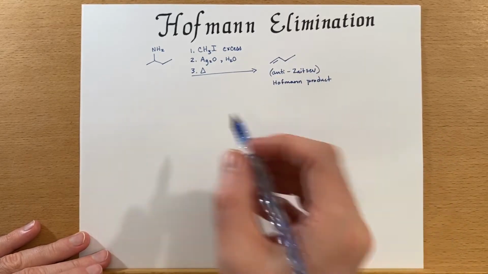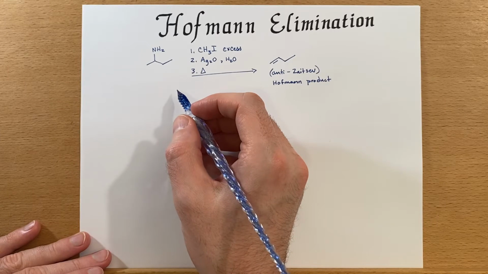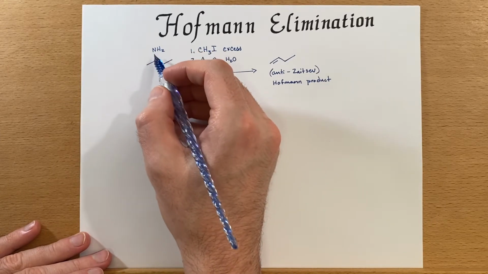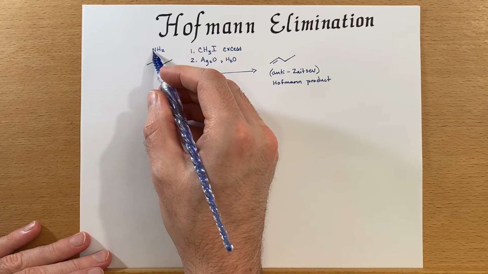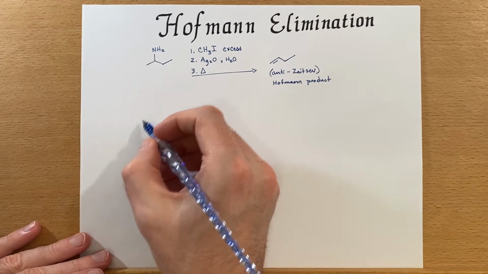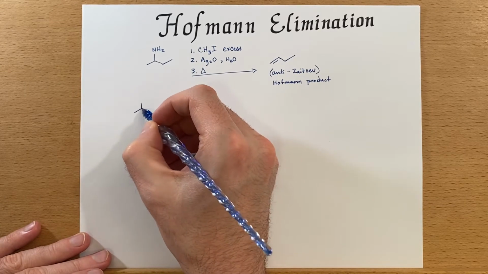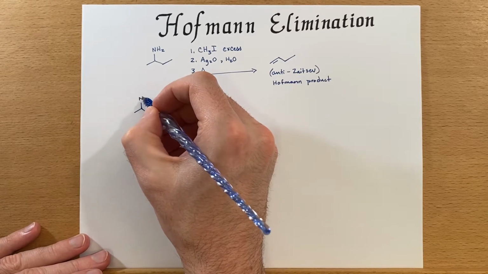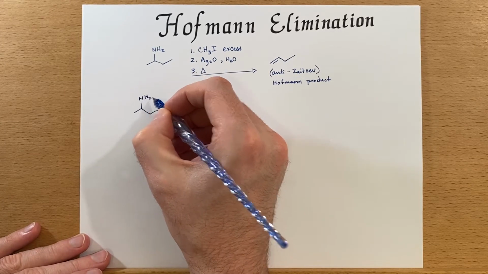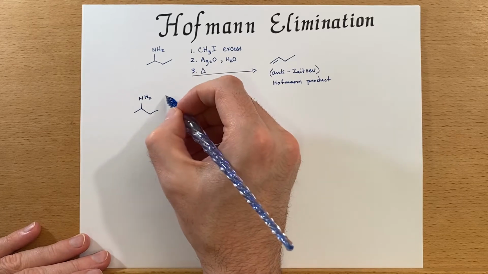Now, how does this mechanism work? Well, first step, we'll need to alkylate the nitrogen up here. I have some videos on that, but briefly, we'll just cover one of these reactions.